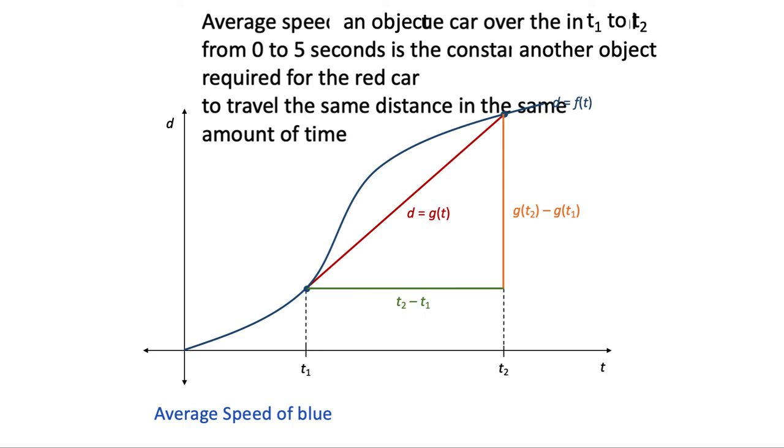We could compute its speed by dividing the change in distance by the change in time. So this is the main idea of average rate of change.